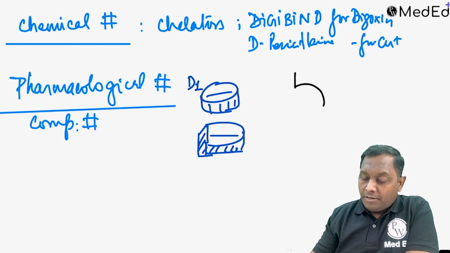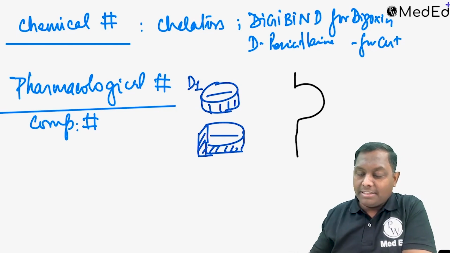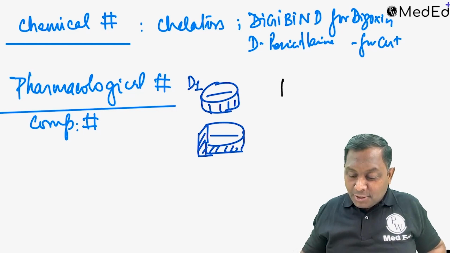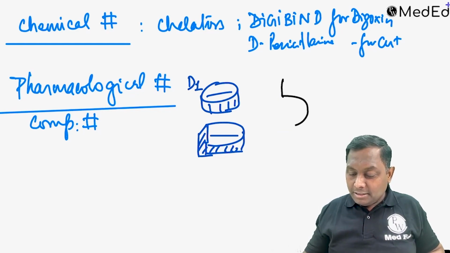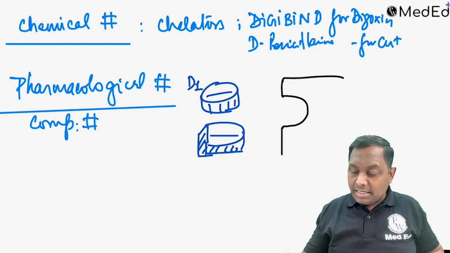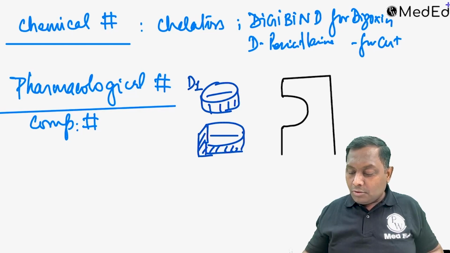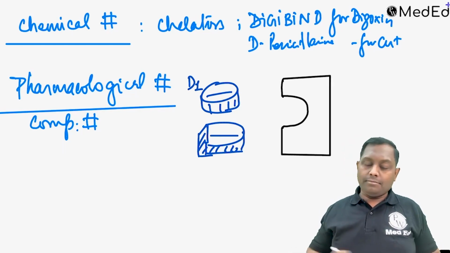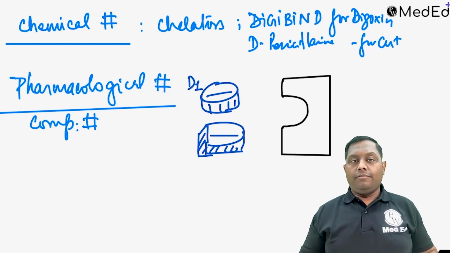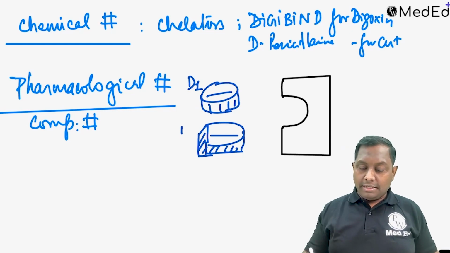If they compete for the same site and after binding at the same site produce opposite action, we call that a pharmacological antagonist. Two agents competing for the same site and producing opposite action, we are going to call it a pharmacological antagonist.